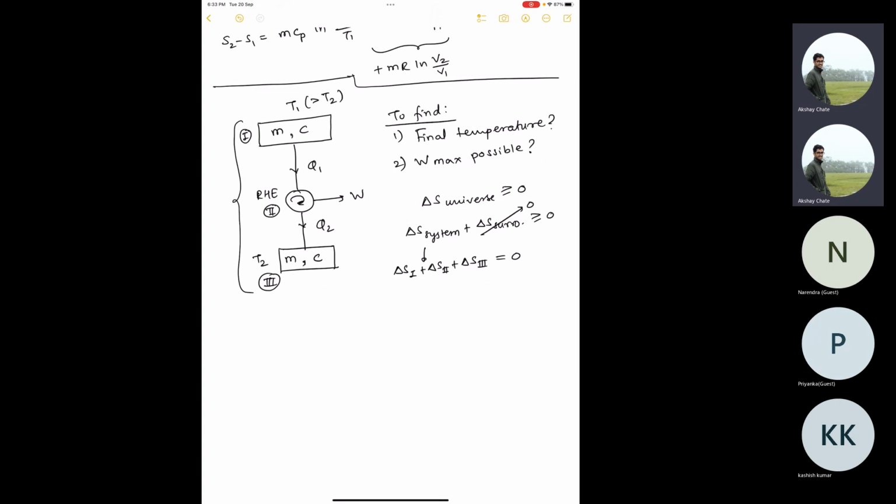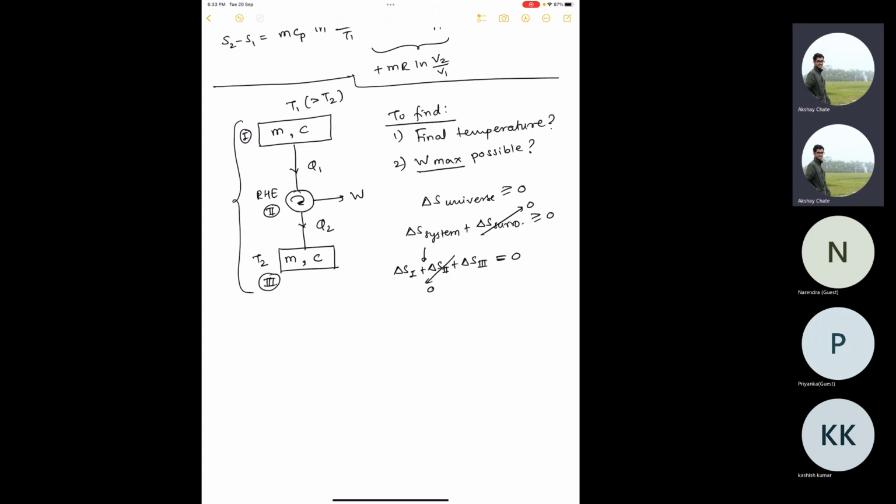What is happening is, maybe there is a slight difference here. In this case, delta S2 is associated with the reversible heat engine. It is 0 because the heat engine is reversible. But this equality is 0 because we want to find the maximum work output. In some cases, it can be greater than 0, but there you will not get maximum work output.